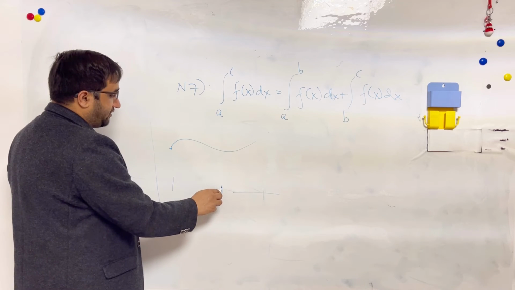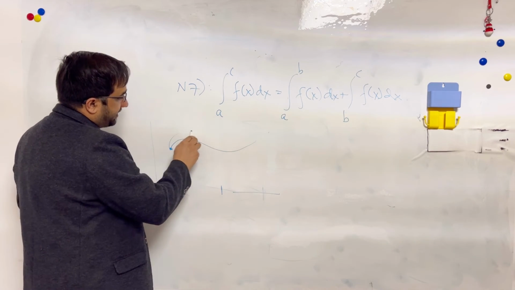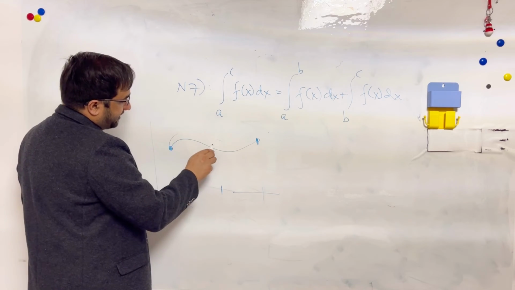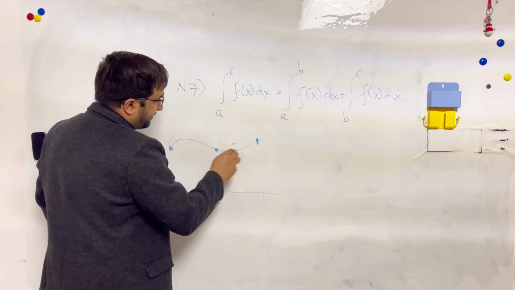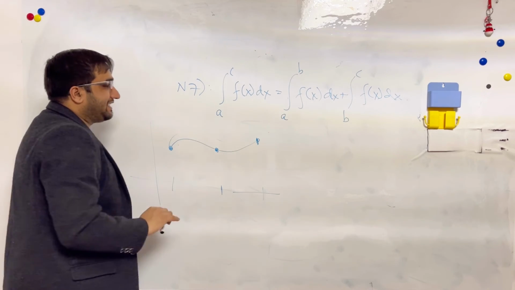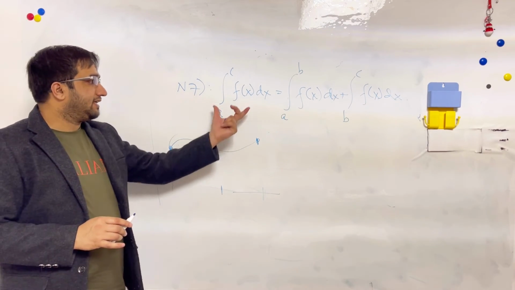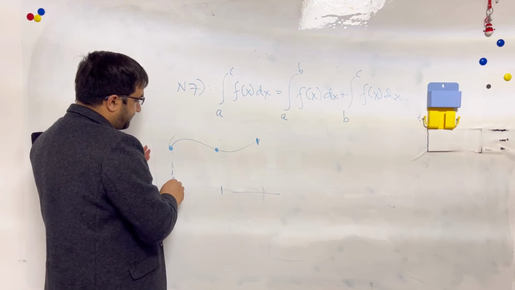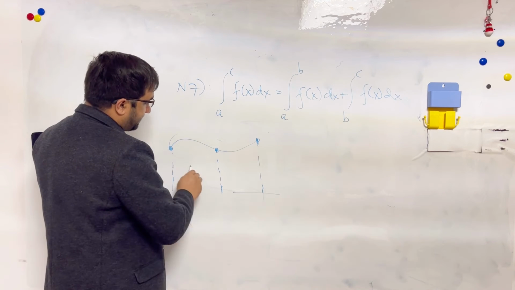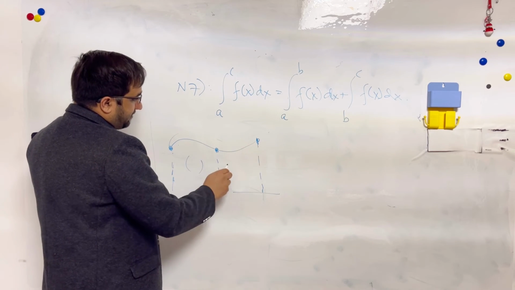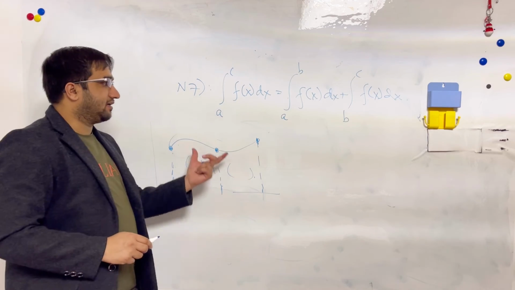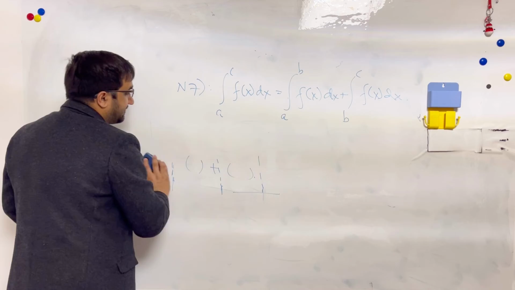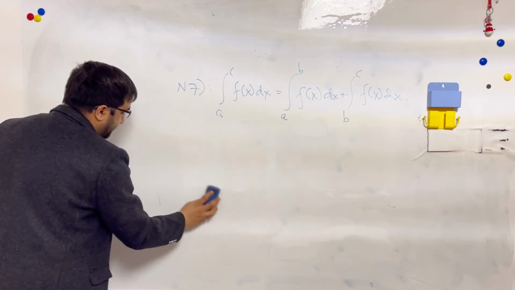Even if you go from here to this number, or you go from here to here and then from here to here, both are the same thing. A whole is this, and if you split them, then you simply need to add these regions, the area under the curves. Just split this part plus this part, and you will get the whole thing. So this is the same basic common sense scenario, but the rules work like this.